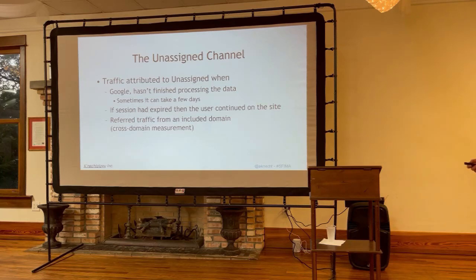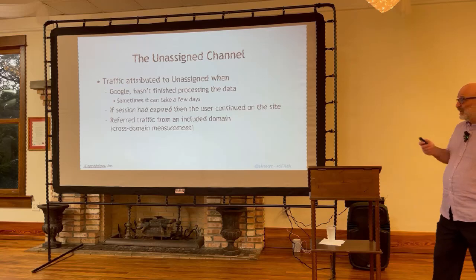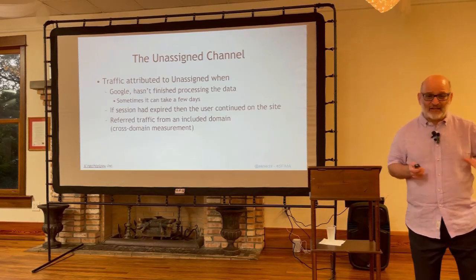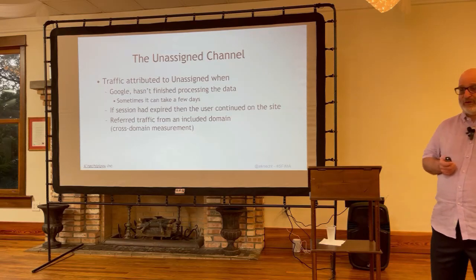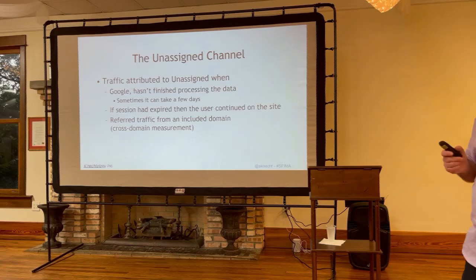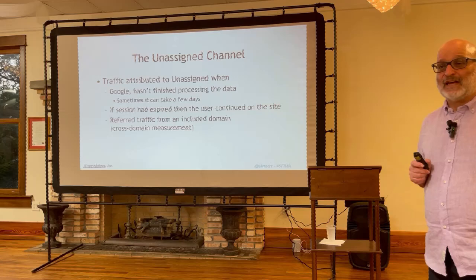The unassigned channel, once again, it's just more of what I said. You may have some referred traffic that you're seeing from a sister site that you don't want to be a referral. I'm also personally convinced, even though I cannot prove it, and maybe I should get into ChatGPT and have it write up a test case for it: if a user is on my site and doesn't do anything for 30 minutes and times out, and then continues, there's a new session.